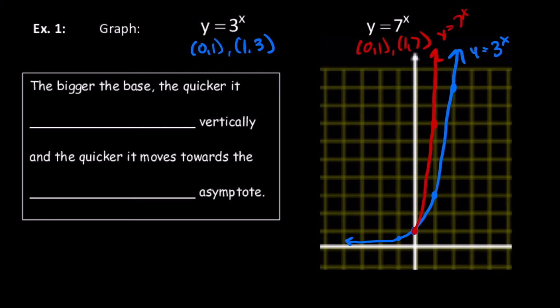It would actually dip down below the other graph here. So the bigger the base, the quicker it grows vertically, and the quicker it moves towards the horizontal asymptote. It just makes it more extreme in both directions.